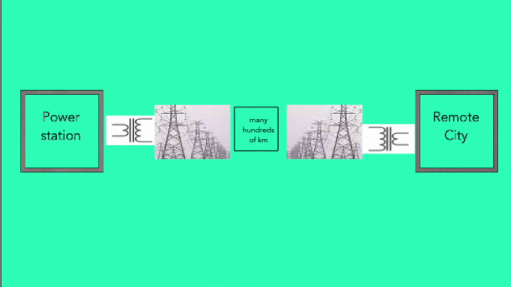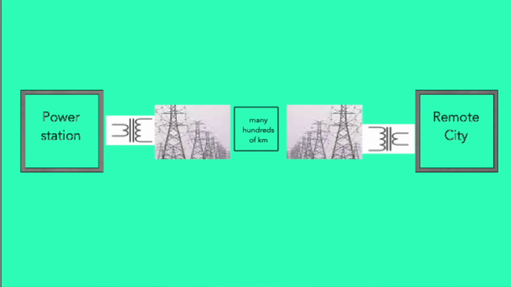It will transform up the voltage, the existing voltage, to maybe 100,000 volts or more, and send it over a long distance to a remote place where the opposite transformer transforms it down again, which is exactly analogous to our model before.